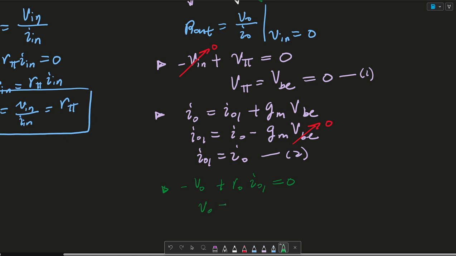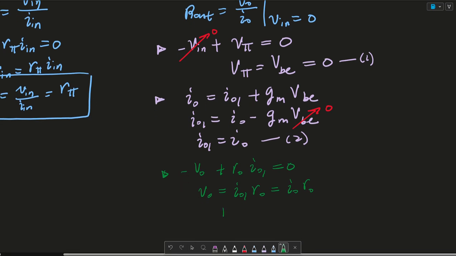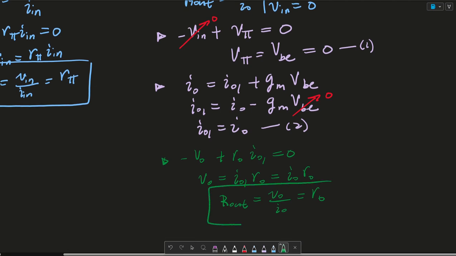Then VO is equal to IO1 RO, which is simply equal to IO RO. As a result, R out is equal to VO over IO, which is then equal to RO. So this is our output resistance of the common emitter NPN BJT.